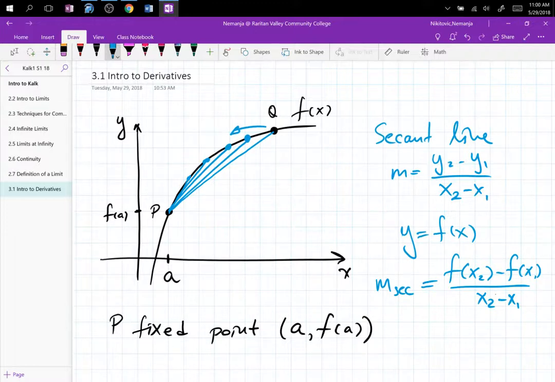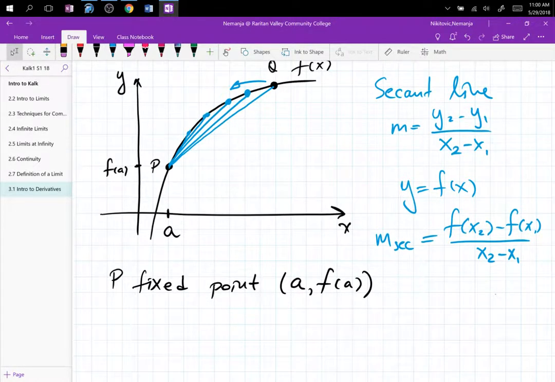creating infinitely many secant lines, and each one of those secant lines has a slope m secant, which we can calculate by simply observing the location of point Q. So as it moves, it will swipe through all possible points along the function, and we have point P fixed.